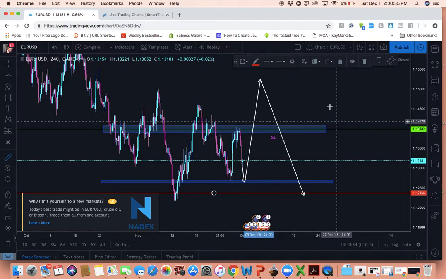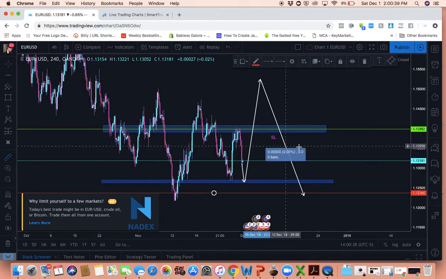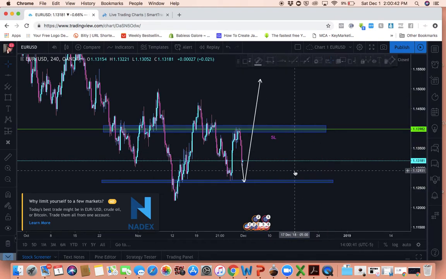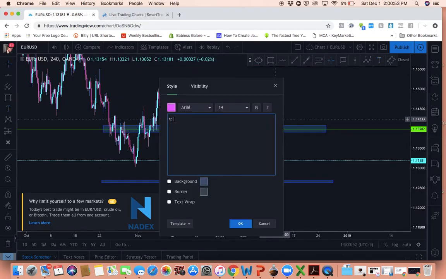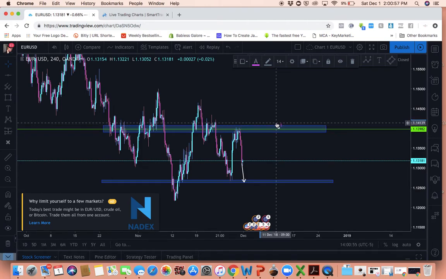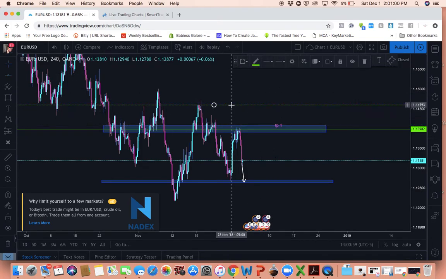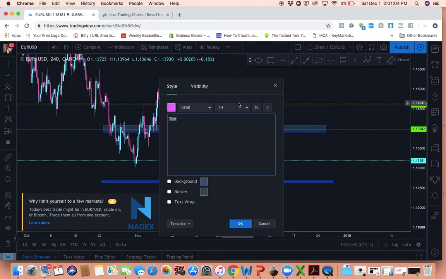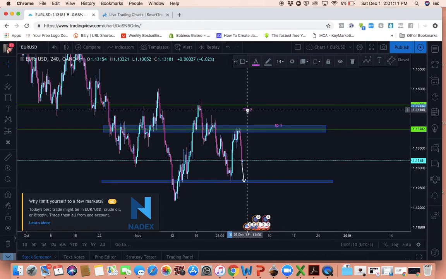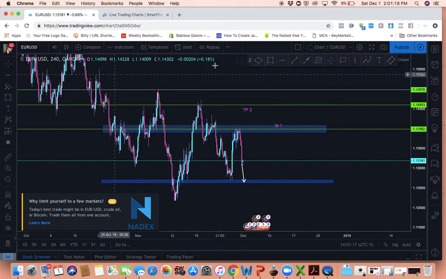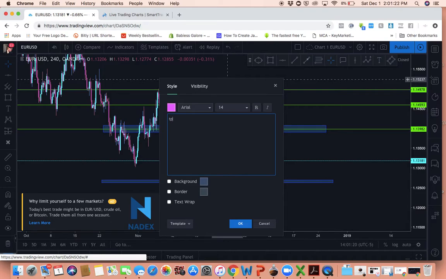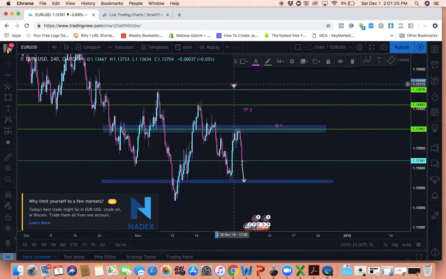So if you have TP1 here, you have TP2 here, and just say TP3 here, then what these are is just markers for you to trail your stop loss. You don't actually put in 3 different TPs.